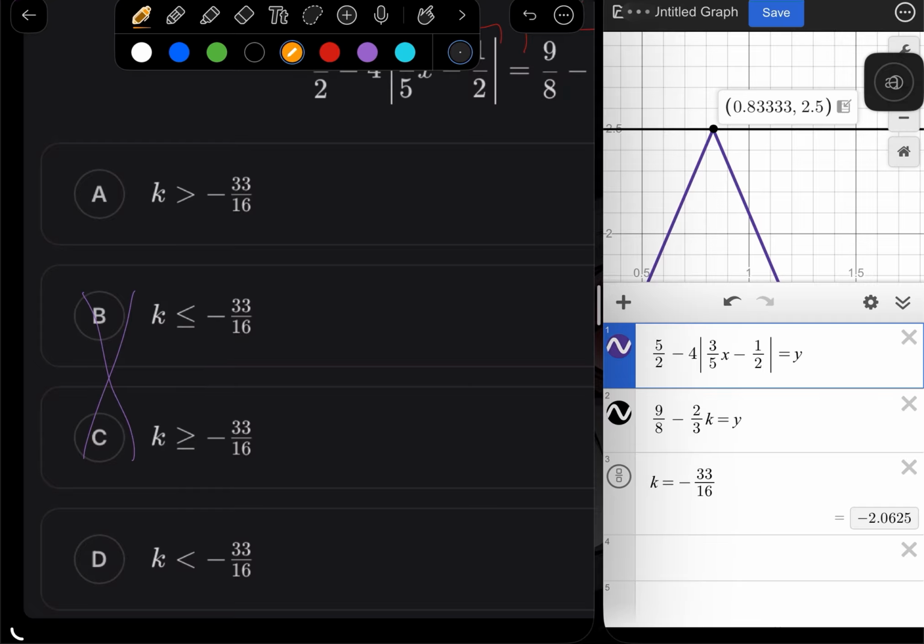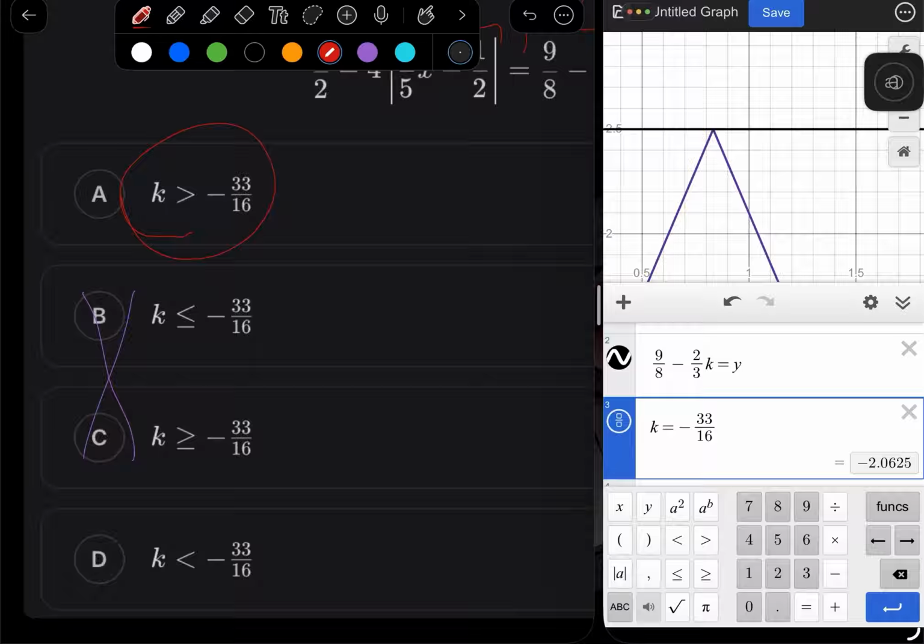So now what I would do is type a number just to experiment and see if the graphs collide with each other or don't. Let's look at a value greater than negative 33 over 16. Let's just try negative 3 over 16.